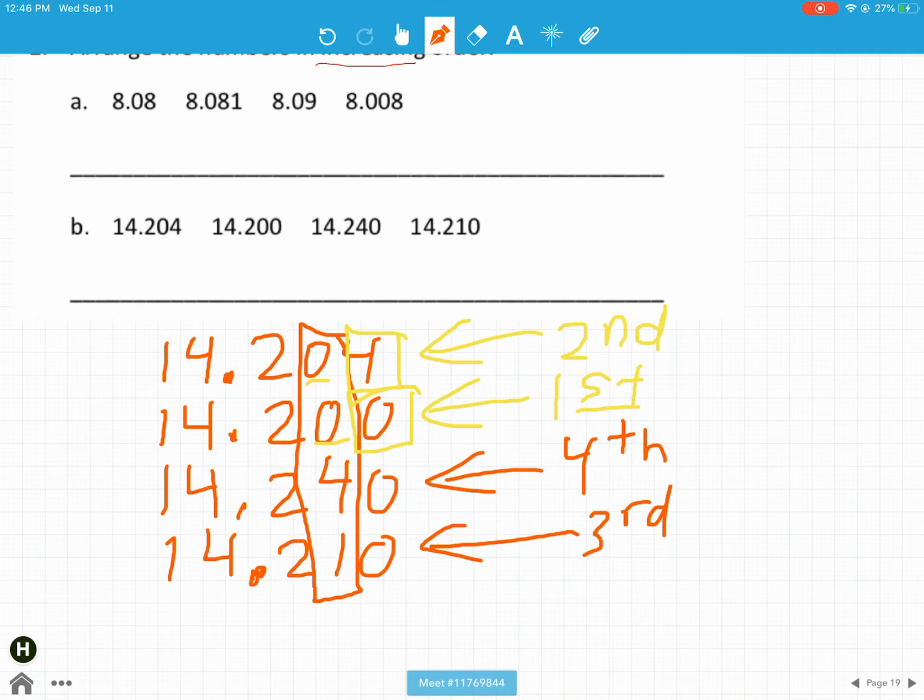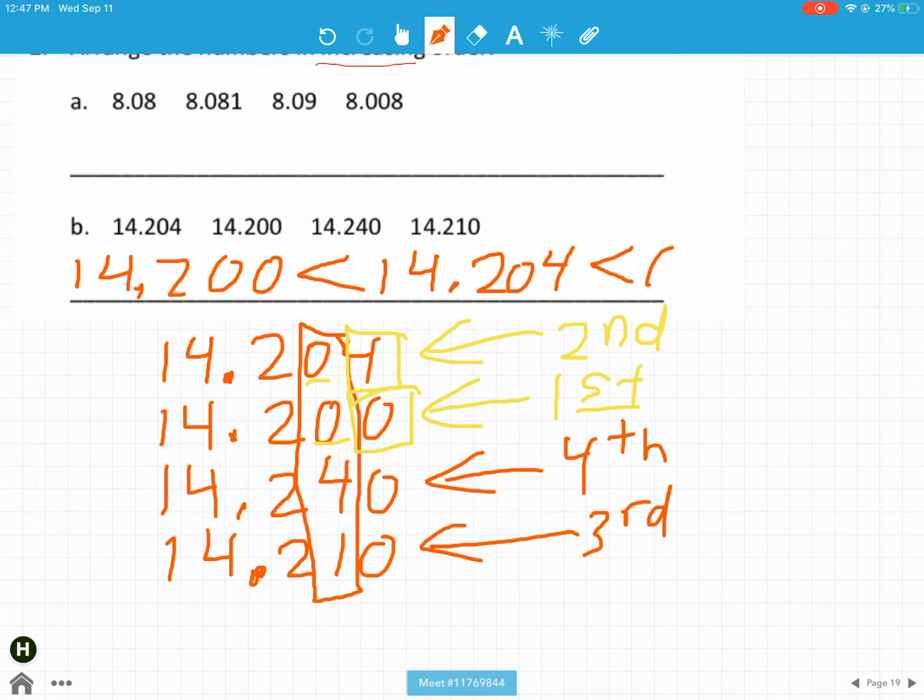Okay, so I'm going to go ahead and write them in order. So we're going to start off with 14 and 200 thousandths is less than 14 and 204 thousandths, which is less than 14 and 210 thousandths, which is less than 14 and 240 thousandths.